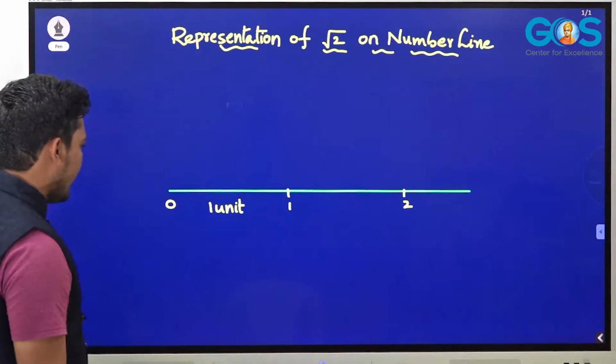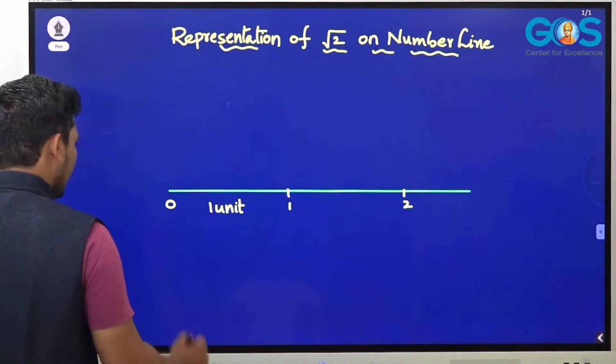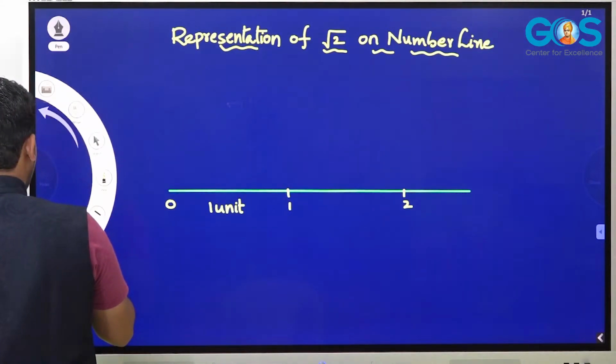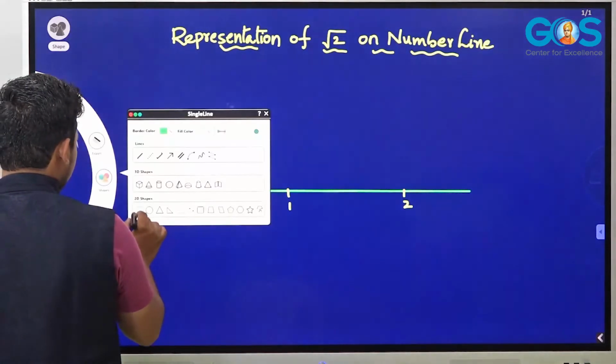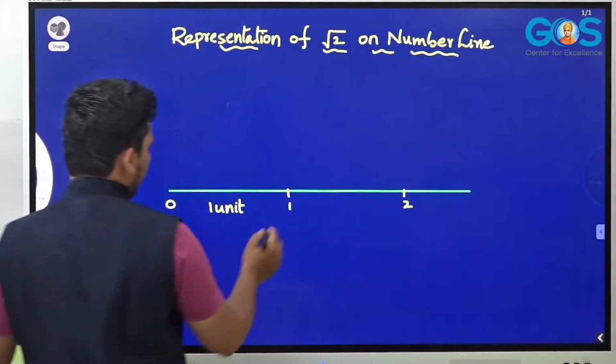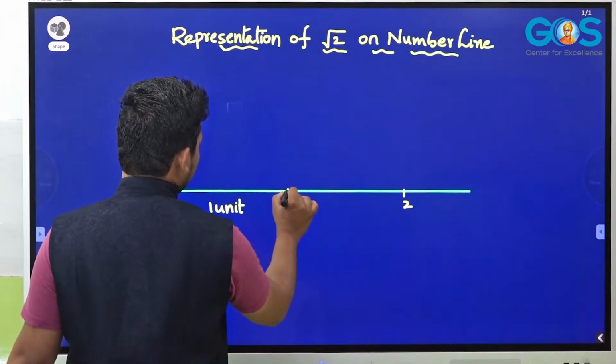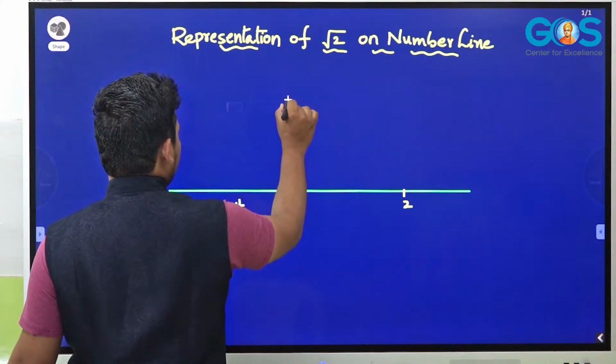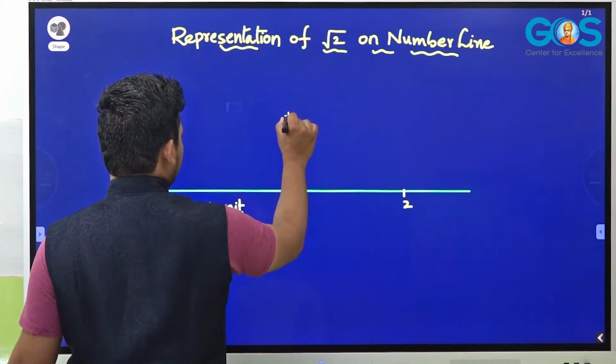Okay, and after that, from here onwards again you should take 1 centimeter.